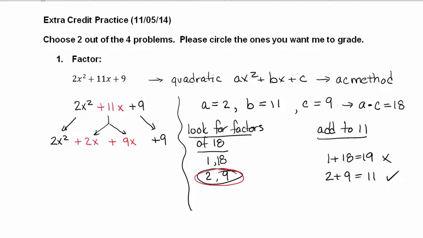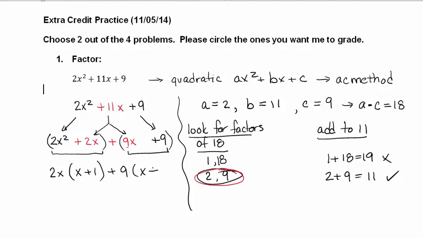And now when you see 4 terms, you think grouping, right? So I'm going to group my first 2 terms together, and I look at my first group and I try to factor out the greatest common factor, and I see I have a 2 and an x, and I'm left with simply an x plus 1 on the inside. And for my second group, I see I have a common factor of 9, and if I factor that out, I simply have an x plus 1 left.